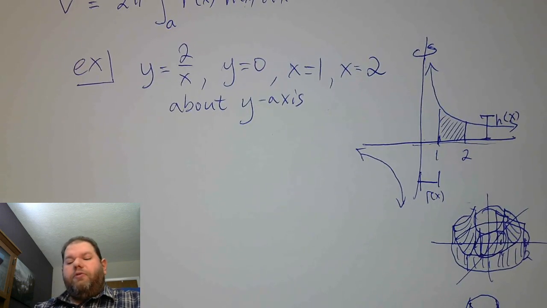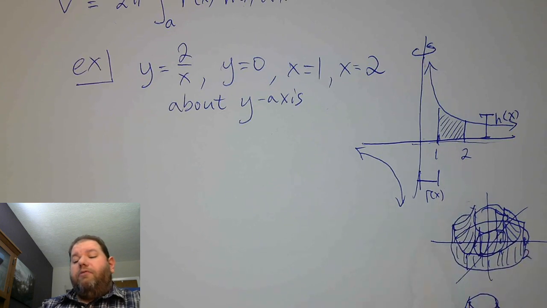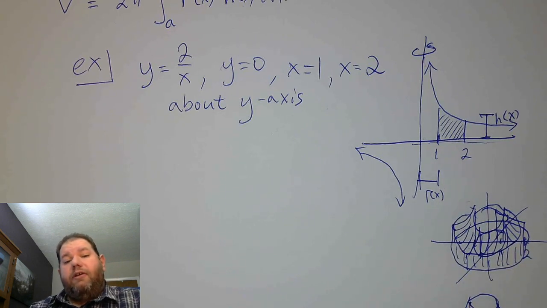Alright, so the question is now, how do we measure r of x? Well, the nice thing about r of x is it's usually just x, or x modified by the axis of revolution if it's not just the y-axis. And we'll do another example where it's not the y-axis, just to show how it's different.